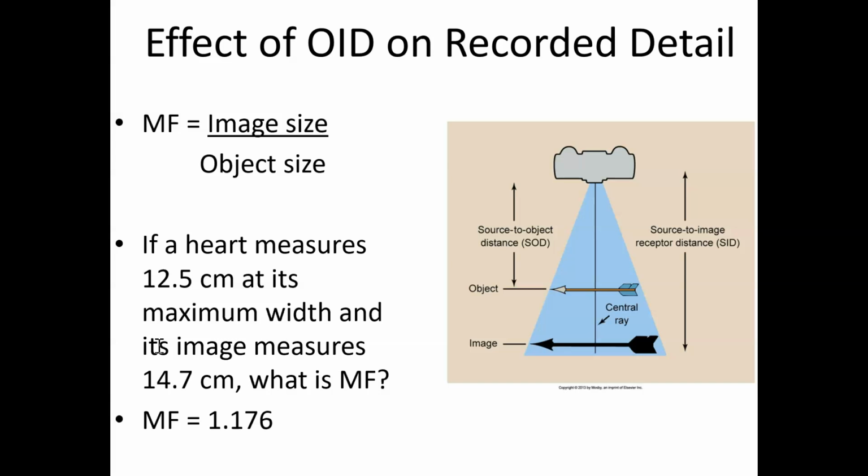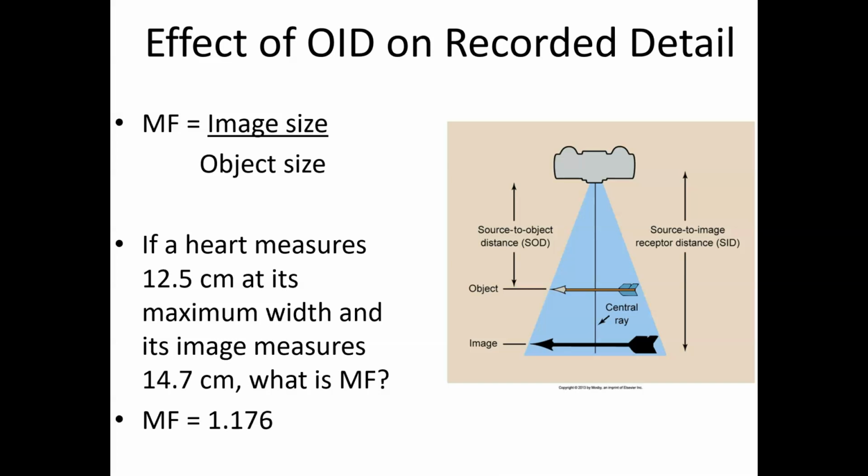That is basically a number that we can multiply the size of the object by and get the actual image size, or divide the image size by the object size and you get your magnification factor. So the example given is if a heart measures 2.5 centimeters at its maximum width and its image measures 14.7, what is the magnification factor?